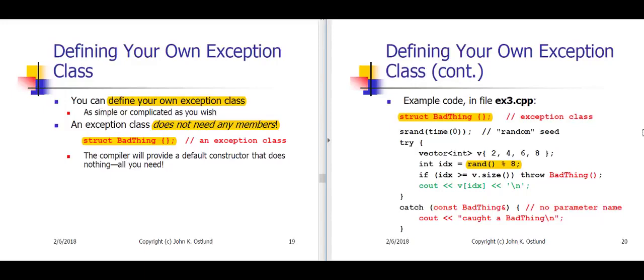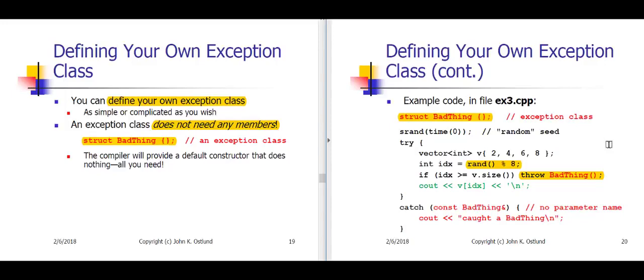So half the time our index is going to be outside the bounds of this vector. And if we discover that the index is bogus, we can say throw a bad thing. Now, bad thing is a data type, but bad thing with two parentheses after it, that is how you invoke the default constructor to build a bad thing object.